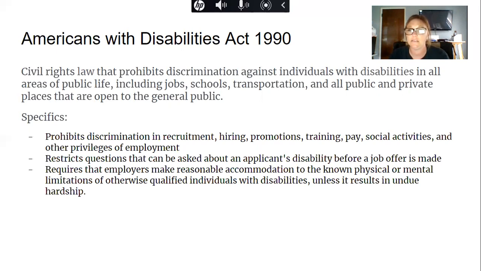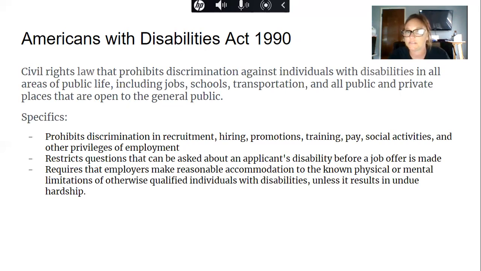It now makes it illegal for employers to in any way, shape, or form discriminate against someone that has a disability, and it requires employers to really go above and beyond. If an employee has a disability, they have to try to provide that employee with resources that will allow them to do their job at the same level or rate as someone without a disability in the same position.